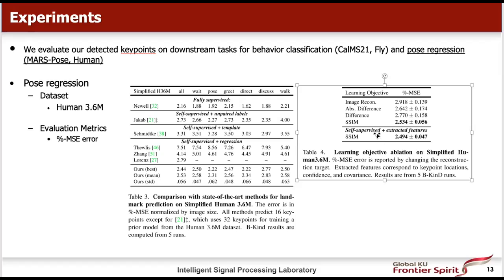And finally, we can see that by using the spatial temporal difference as the learning object, the performance is the best, and the MSE, the lower the better. And we can see with using the SSIM, the proposed method has achieved the best performance.